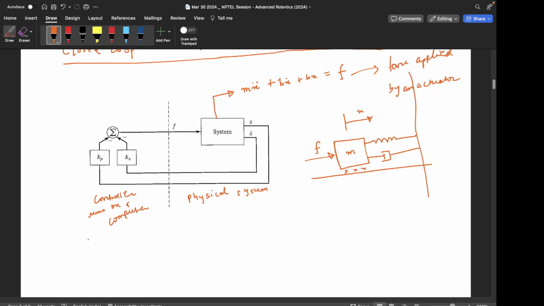As I mentioned, F is the force applied by the actuator, and we assume that we have sensors for measuring x and x dot, right?